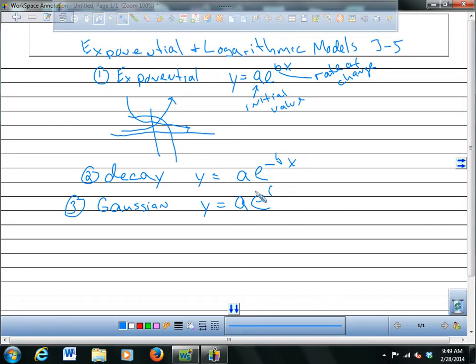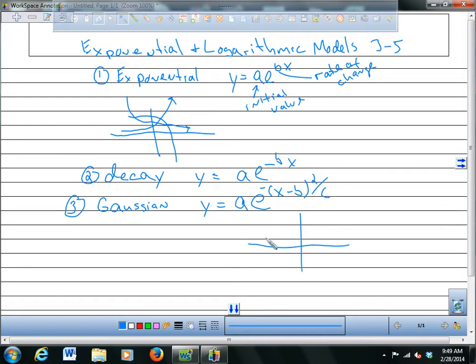I think Mr. Beamer and I decided we're really not going to stress it very much. But it looks like y equals a e to the negative x minus b squared divided by a constant. And Gaussian models look like bell curves.